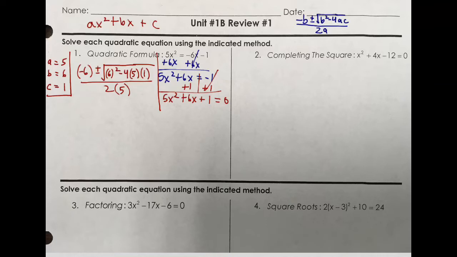And so that leaves us with negative 6 plus or minus, let me use a different ink color. That is negative 6 plus or minus, and then what we had under the radical was a 16, and then 2 times 5 is 10.